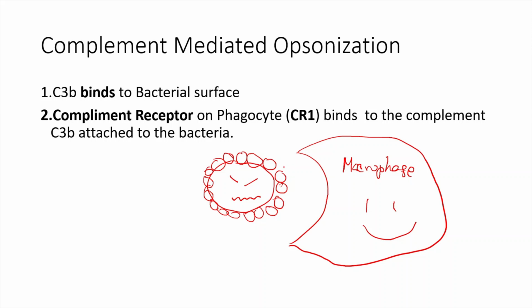So there are complement receptors, CR1 receptors, on these macrophages, and the C3b will bind to these complement receptors, interact very well, and the macrophage eats up the whole bacteria that way.